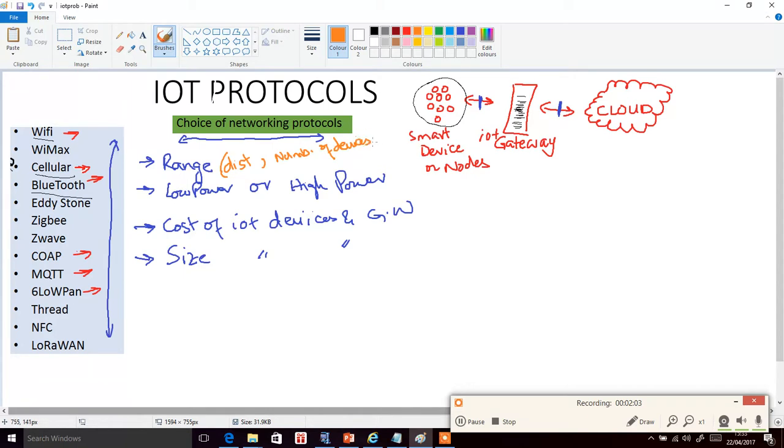For example, if we have a very high number of devices, we can use IPv6 addresses instead of the IPv4 ones, because there are a limited number of such addresses available. So if we have a high number of IoT devices and we need to generate a lot of IP addresses, IPv6 will be a better choice.